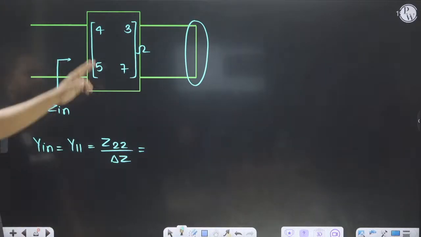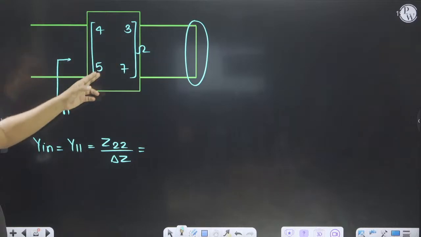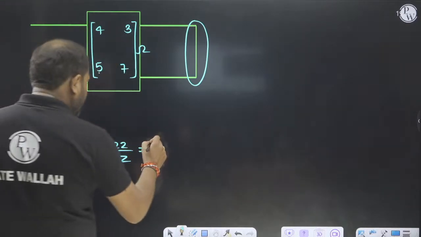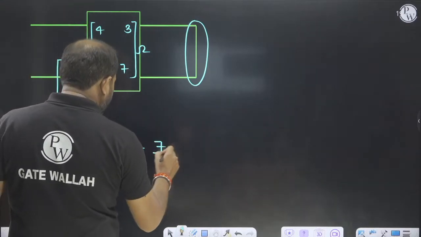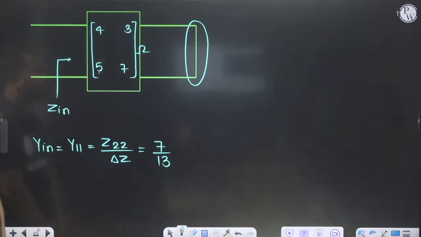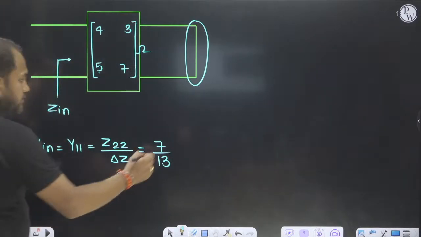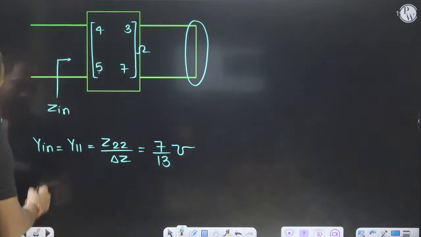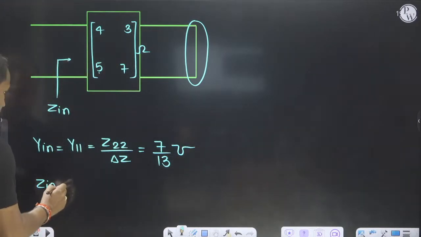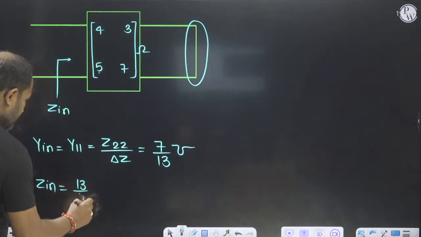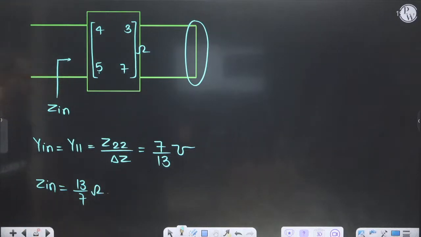So it will be 7 4s are 28 minus 15, 13. So 7 by 13. It is Y in, so mho. And Z in will be equal to 13 by 7 ohm.